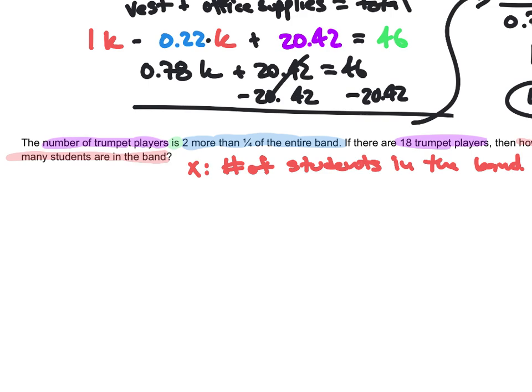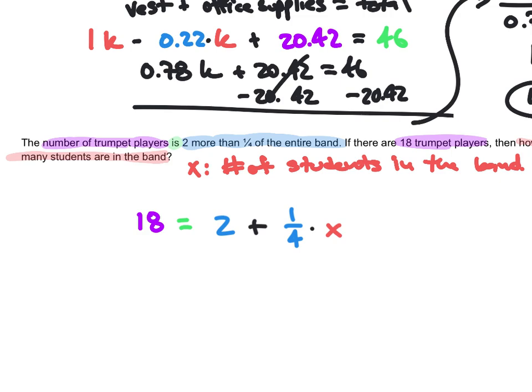So we can set up this equation and say 18 trumpet players is, because "is" is an indication that that's an equal sign, 2 more, so 2 plus 1/4 of the entire band. So I'm going to call this 1/4 times x. And we can solve this equation for x.